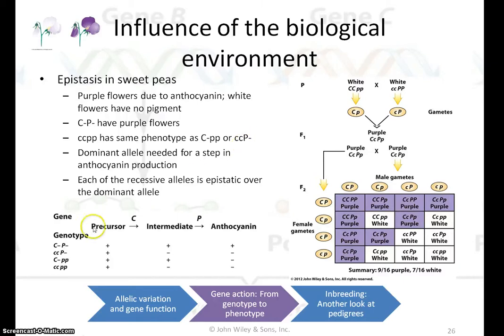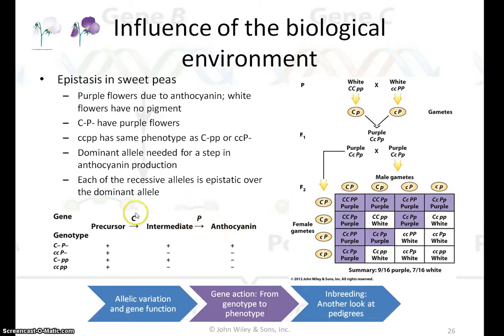All right, so what do I mean by that? If you have a dominant allele for the C or the P gene, you're going to get anthocyanin production. The reason is that anthocyanin is made from one molecule called the precursor, which is converted into some molecular intermediate using C as the enzyme that catalyzes that reaction. This intermediate is converted into the anthocyanin product by the second enzyme, the P enzyme.